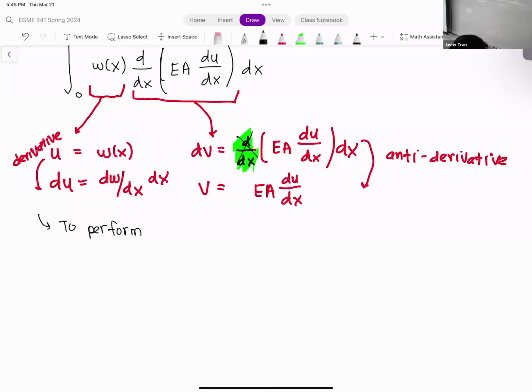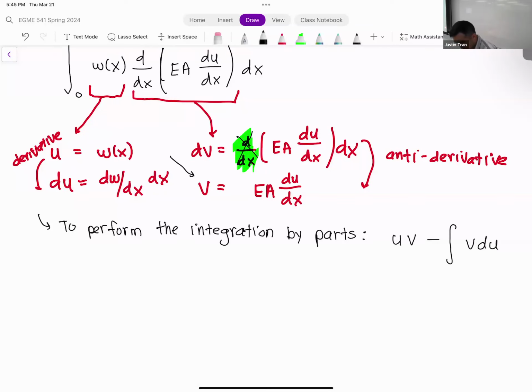Okay, so to perform the integration by parts, we're going to compute the following quantity. We're going to take u multiplied by v, minus the integral of v du.